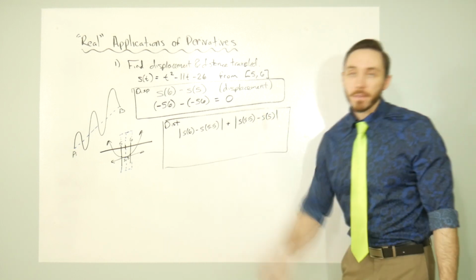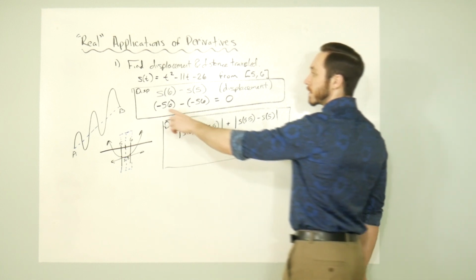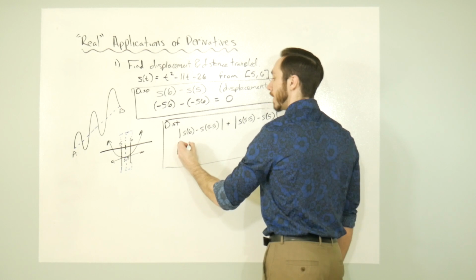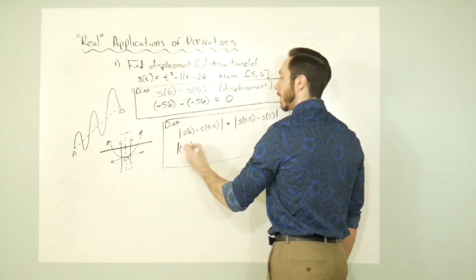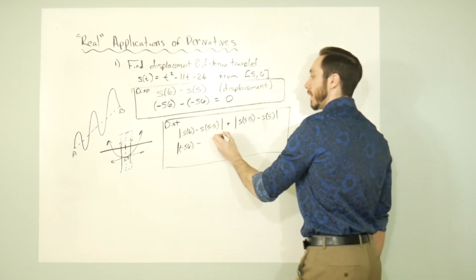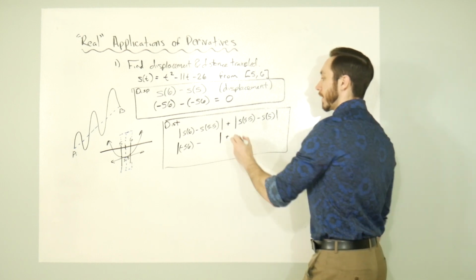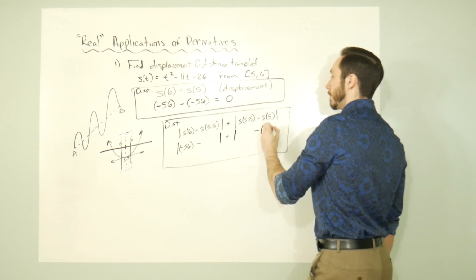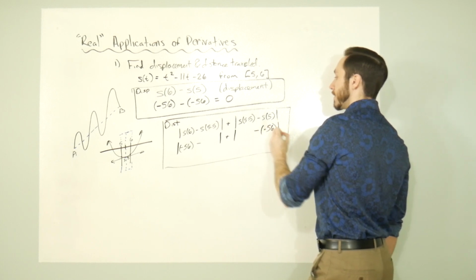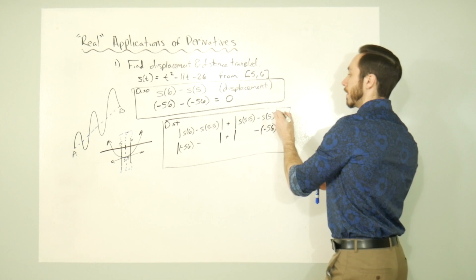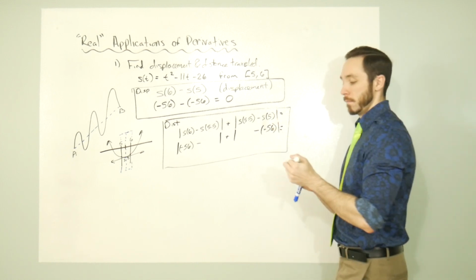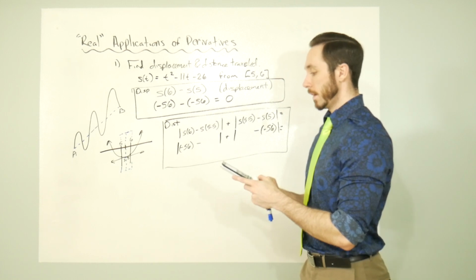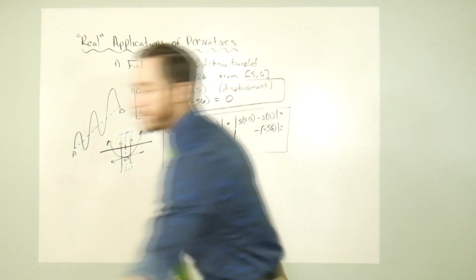Okay, we already have some of those values from above, so I'm going to plug in those negative 56s accordingly. So here's a negative 56 here. I don't know s of 5.5 yet. I have to throw that in my calculator to figure out what that is. But I do know s of 5, and it's negative 56 again. Okay, so what is s of 5.5? It's negative 56.25.